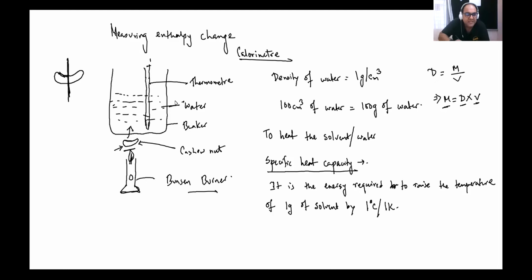So specific heat capacity is basically how much energy you require to raise the temperature of 1 gram of water or 1 cm cube of water by 1 degree.